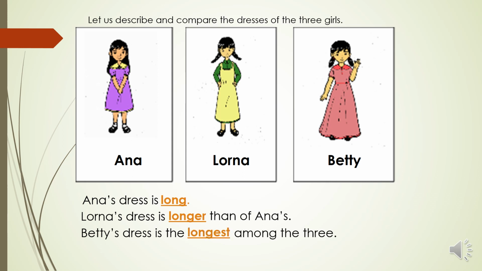Betty's dress is the longest among the three. What are the words that are underlined? Long, longer, and longest. Those are the words that are used in comparing the dresses of the three girls.